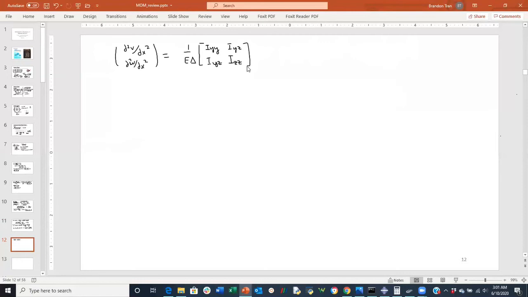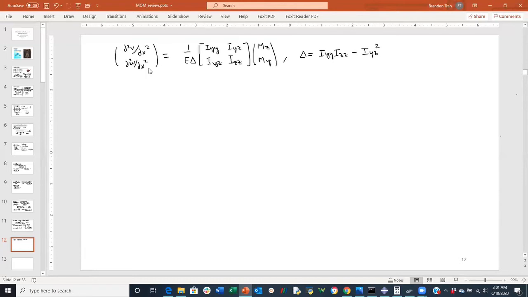Multiplied by your moments. Okay, so that relationship is established, and the delta term I put here is Iyy, second moment of inertia about y, times second moment of inertia about z, subtracted by the square of the cross inertias.